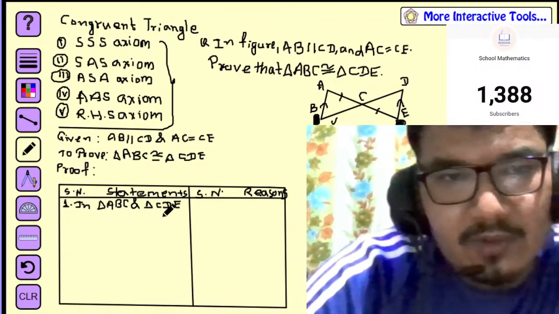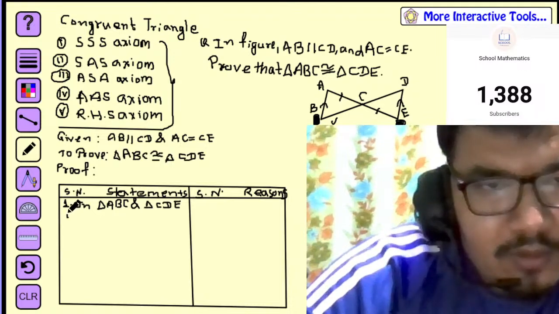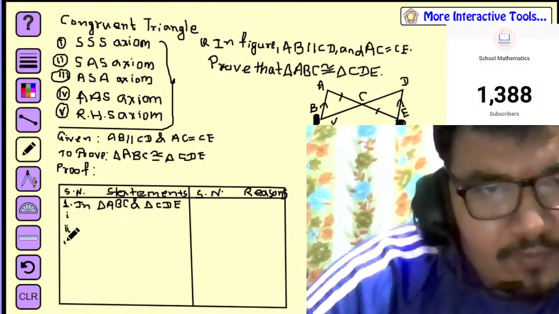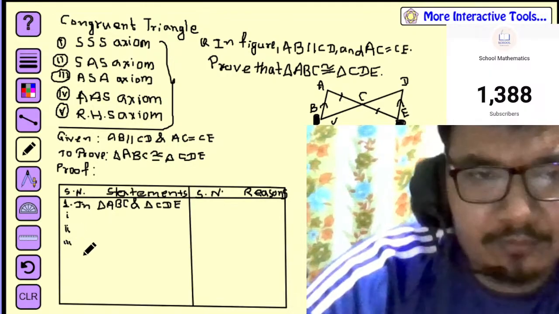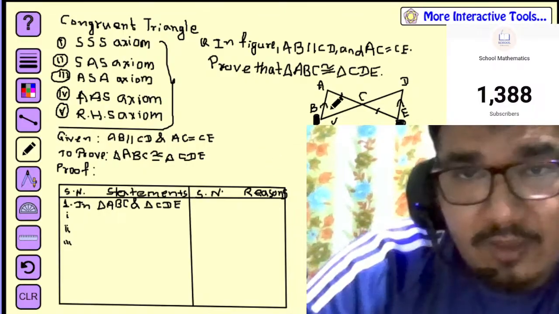One triangle is ABC and the other triangle is CDE. In these two triangles, which axiom are we applying? Look here, there will be three steps: one, two, three.